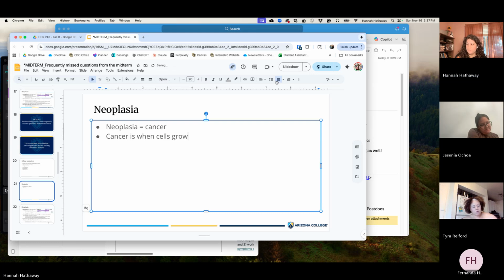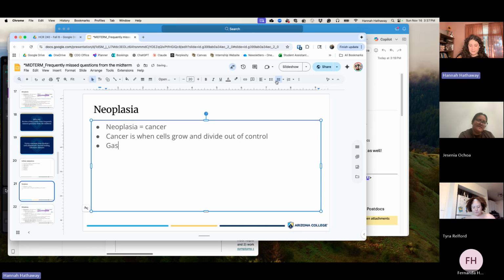I hope you remember from biology, you learned about the cell cycle. It's like the life cycle of a cell. So a cancerous cell or a neoplastic cell is just going through the cell cycle really quickly. There are essentially two main things that can contribute to a cell becoming cancerous.